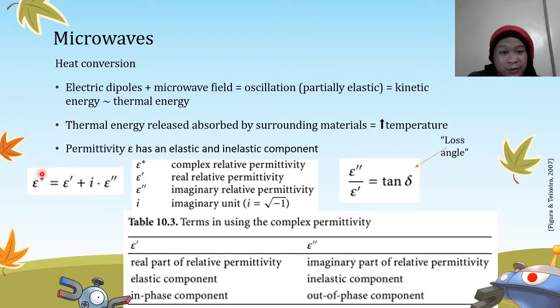So, the complex relative permittivity epsilon asterisk is composed of the real relative permittivity epsilon prime plus the imaginary number multiplied by epsilon double prime, which is the imaginary relative permittivity. Okay, and the relationship of the epsilon prime and epsilon double prime is as follows.